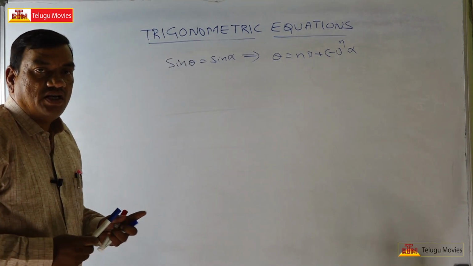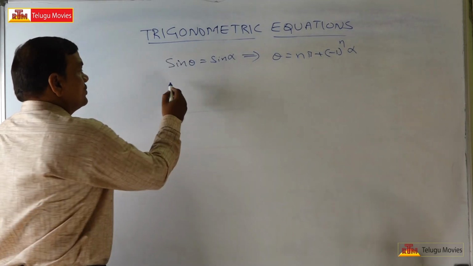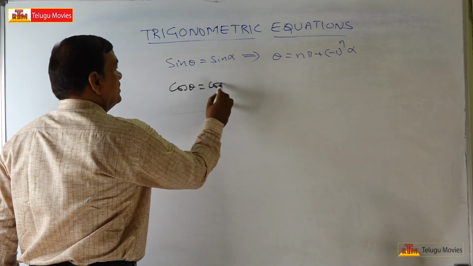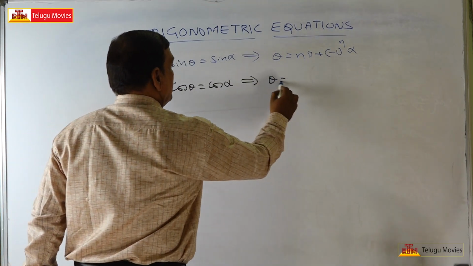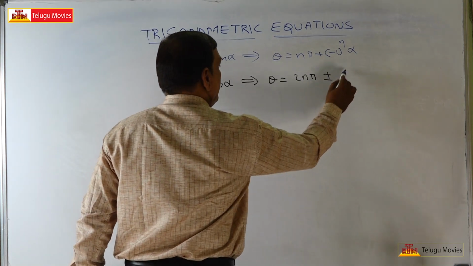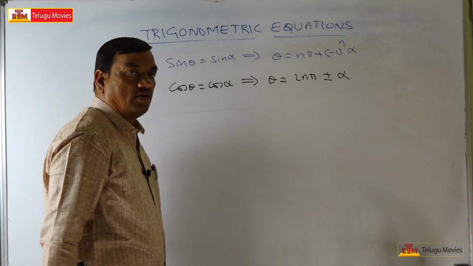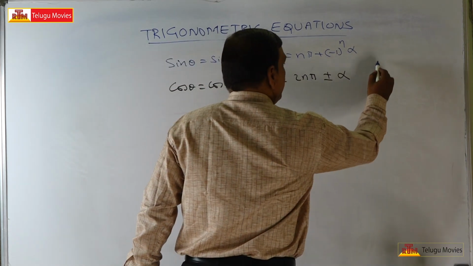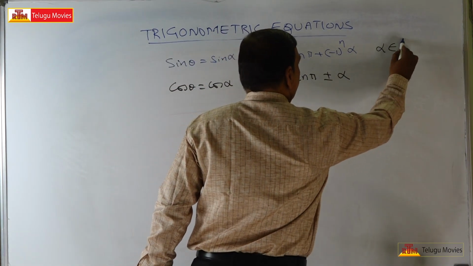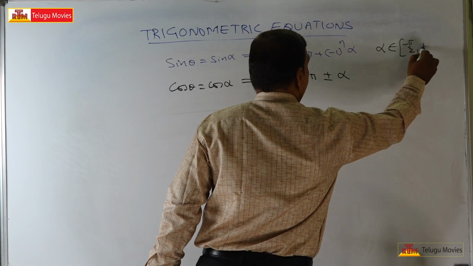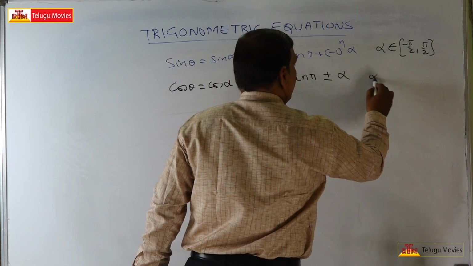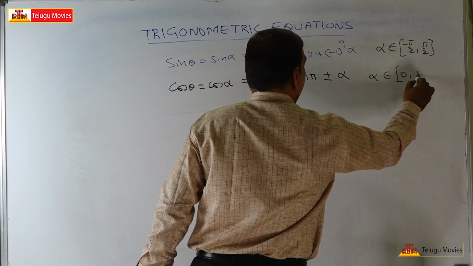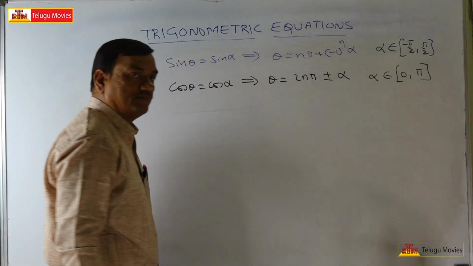Similarly, try to solve it. If cos theta is equal to cos alpha, then theta is equal to 2n pi plus or minus alpha, where n is an integer and alpha belongs to the closed bracket 0 to pi.